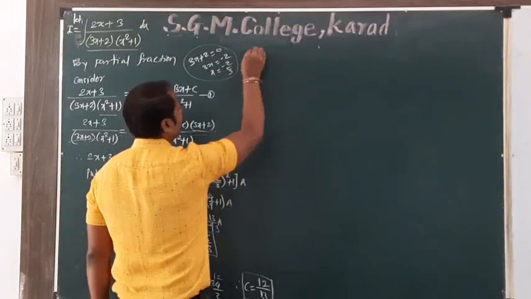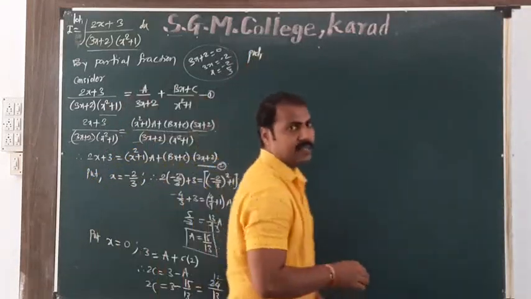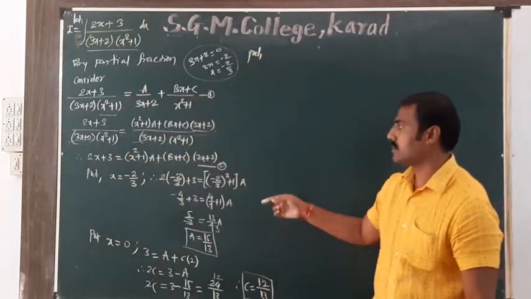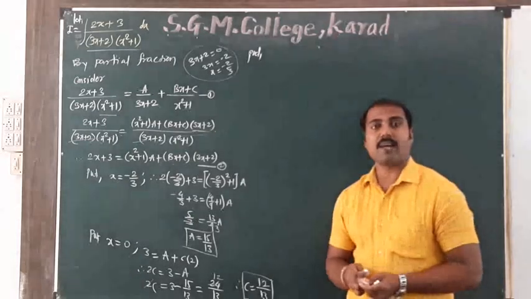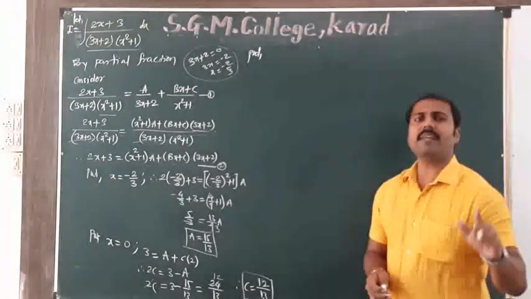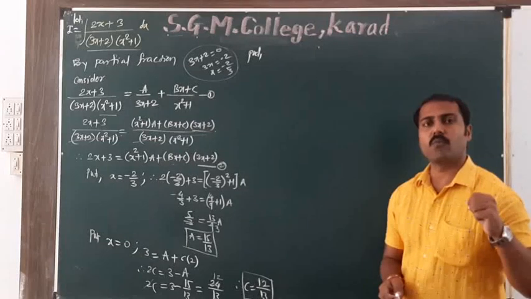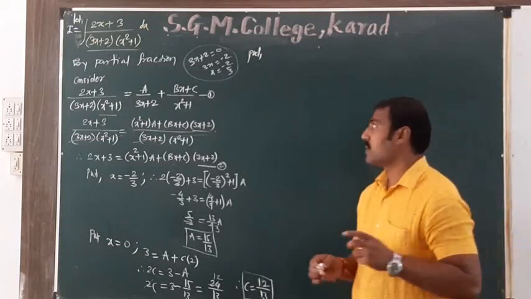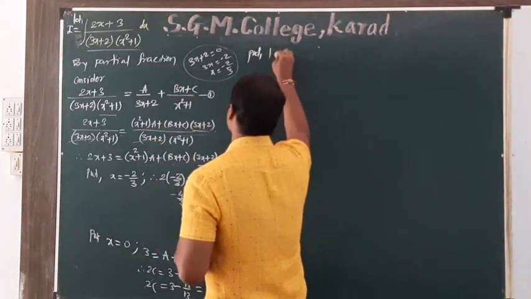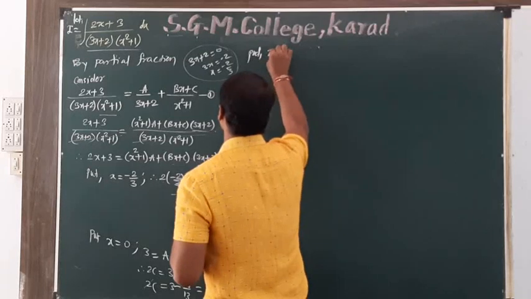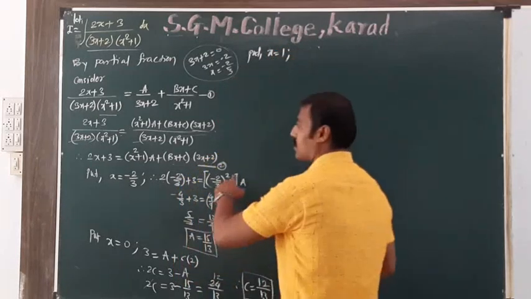Now for finding the value of b, put any value of x, whatever you want. But for simplification, I put here 1. Put x is equal to 1 in equation number 2.